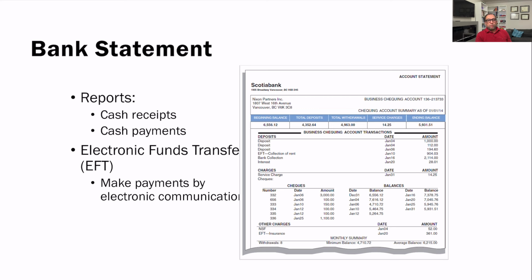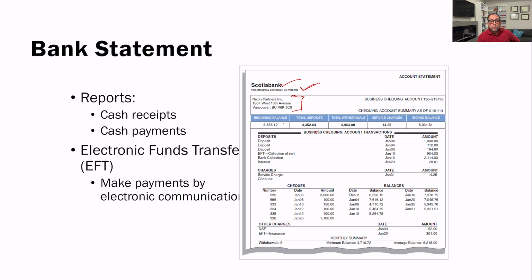Every bank has its own type of check. Now, if we look at the bank statement, this is a very typical format, and here is an example from Scotiabank. Here is the address of the firm, the address of the branch of Scotiabank, and the customer who has an account there.